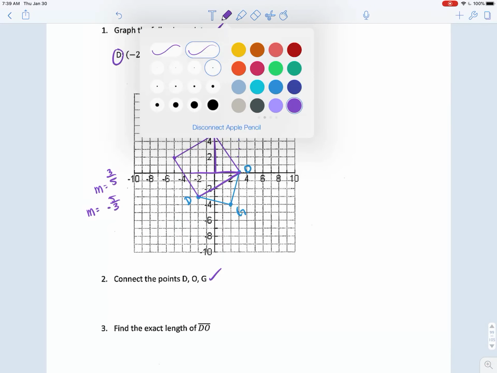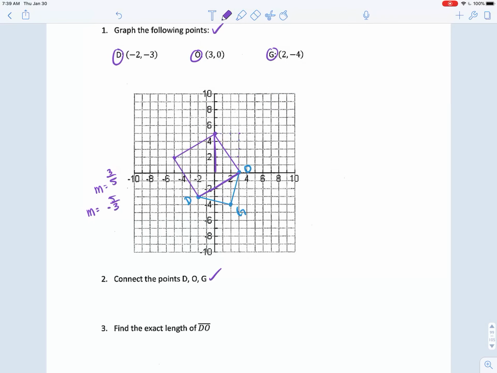Oops, that's a little too far. There we go. And then find the area of each piece. This is a 1, 2, 3 by 1. 5 times 3 is 15, and half of 15 is 7.5. So all of these are 7.5.